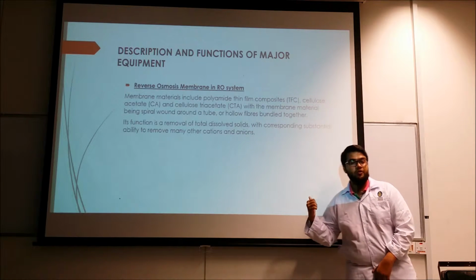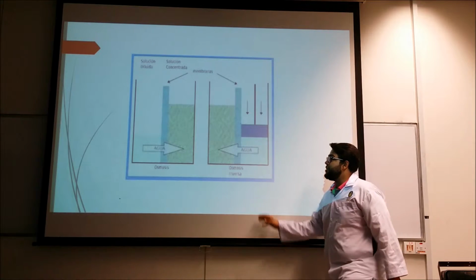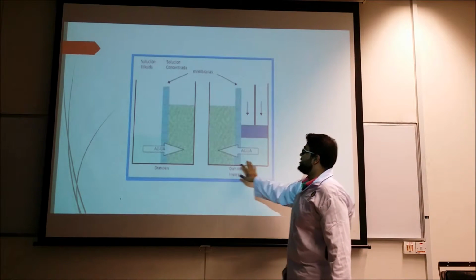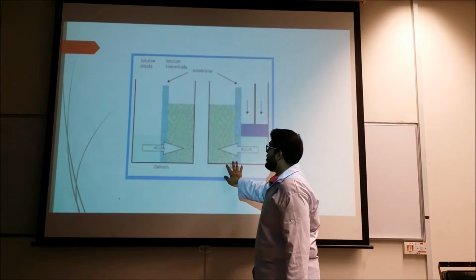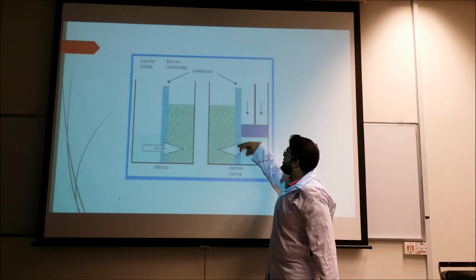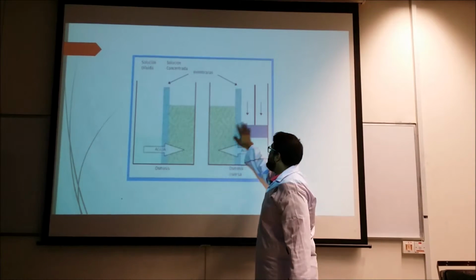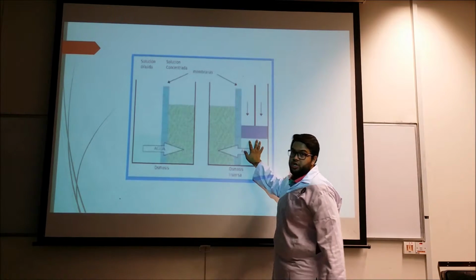Let me show you a picture of a reverse osmosis membrane. Basically, as you can see from the diagram, these are two chambers. Both apply the process of osmosis, and the thin blue line represents the membrane. This compartment is filled with raw water.